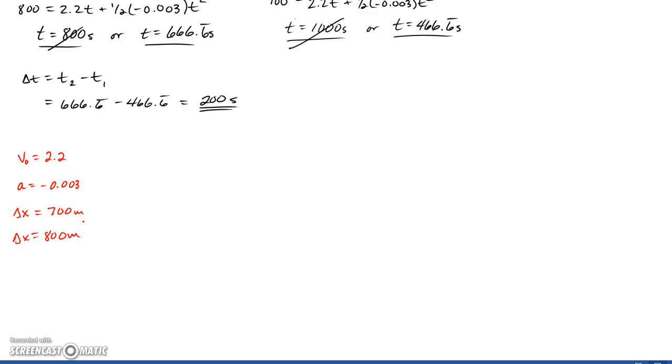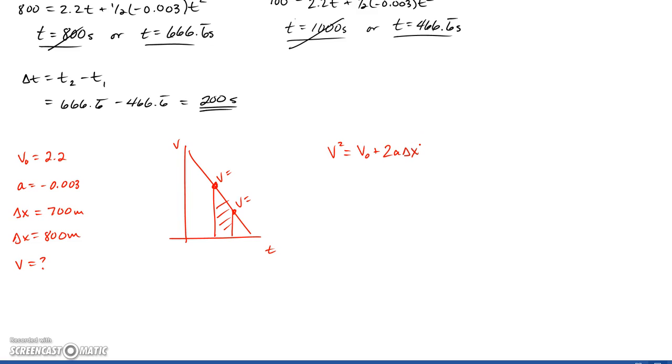But this time I've realized that when I looked at my velocity time graph, I felt it'd be nice if I knew what this velocity is and what this velocity was. Maybe my brain said, if I knew those, I bet I could solve, because that could help me out. So let's say I take that path. Well, if I do that path, then the equation that's going to help me solve for my final velocities is actually going to be my v squared equation.